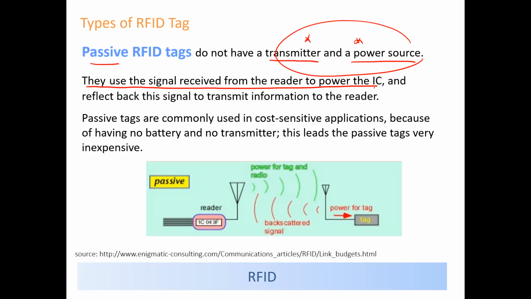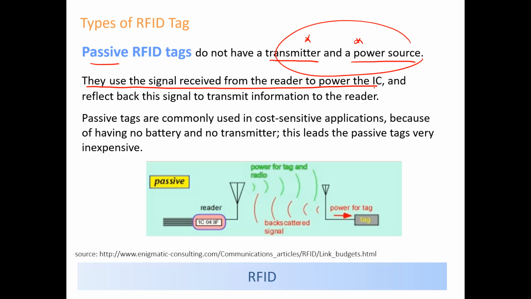So this kind of tag should get close to the reader. The reader will turn on the power, and as long as it has the power, it will propagate the signal. The tag should be close to the reader, and then the tag will be awakened, like the reader wakes up the tag to say, okay, you are in our coverage area, just wake up and send back your data to us.